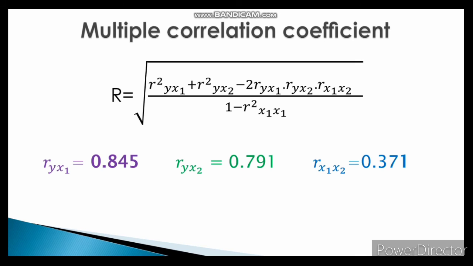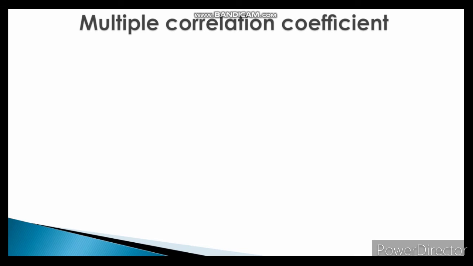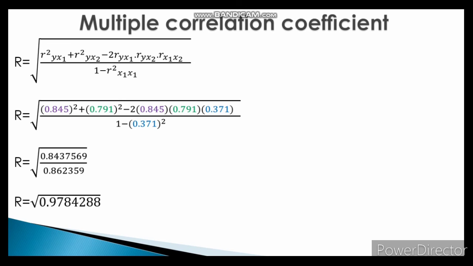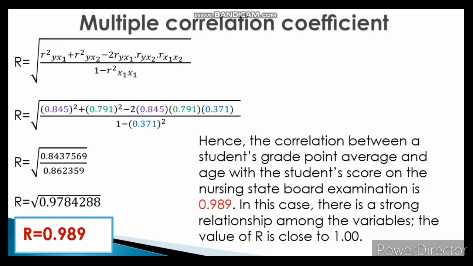Ngayon, pwede na natin isolve yung multiple correlation coefficient. So, isa-substitute lang natin sila doon sa formula. At ang nakuha nating sagot ay 0.989.